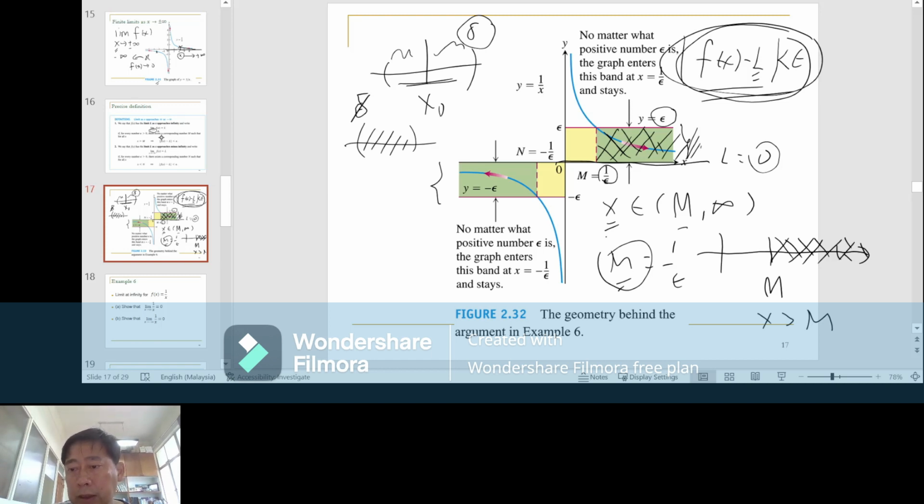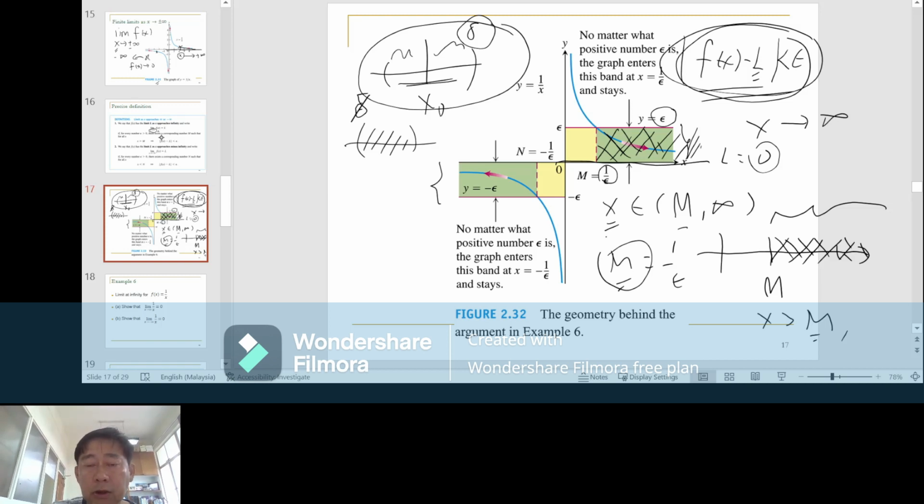So here the open interval for proving the case of x tending toward positive infinity is slightly different, as in this case the open interval is an infinite set. Well, it's a set that begins from m to infinity. That is in contrast to the case of an open interval of delta.